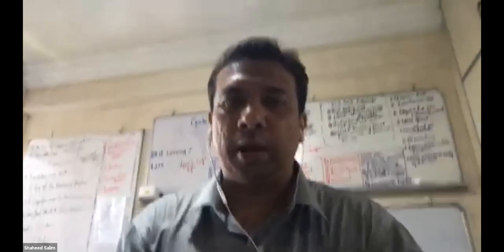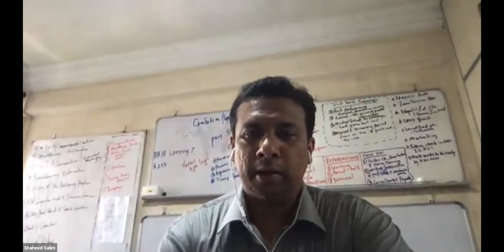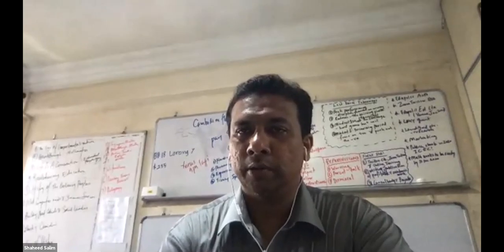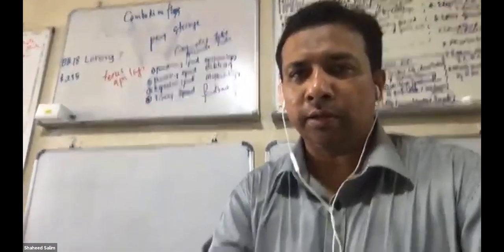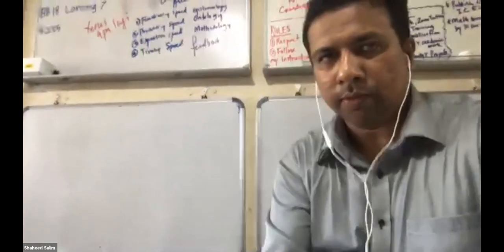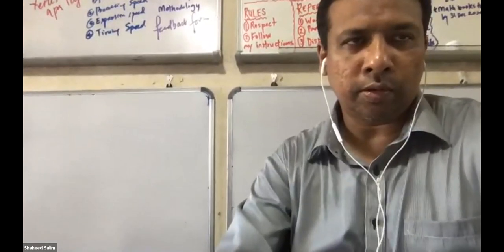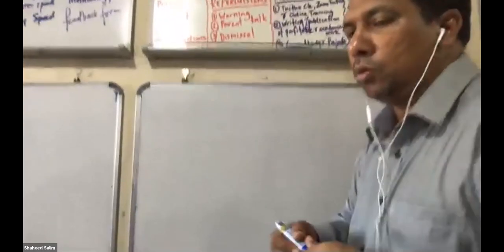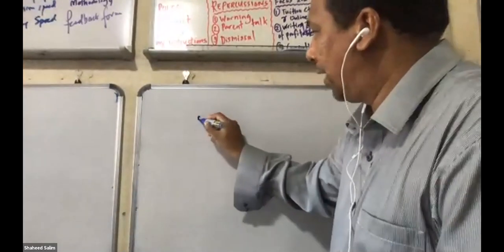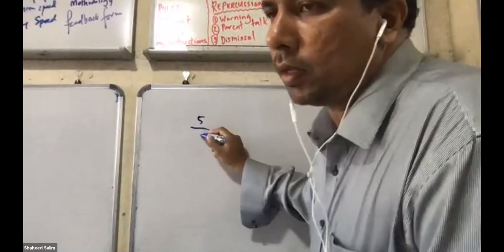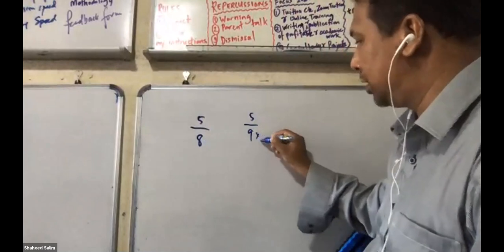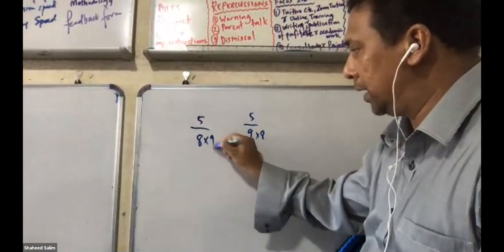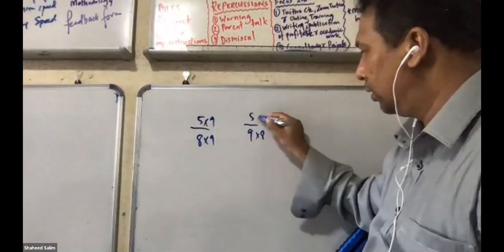Okay, I'll show you on the board. Hold on. Okay, so you can see the screen, right? Now you see, you have done 5 over 8, 5 over 9. Then you times this by 9, you times this by 8.